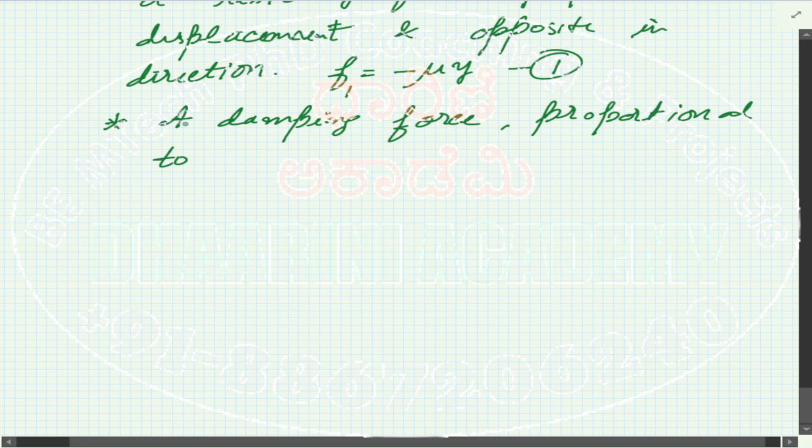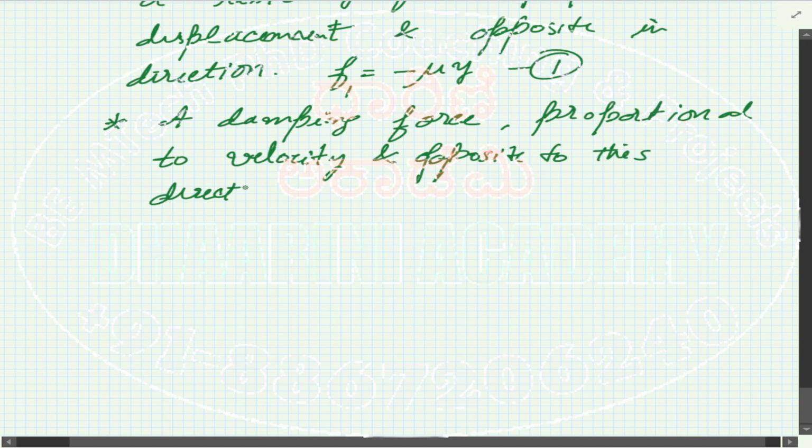Always, damping is a resistive force. It's proportional to the velocity, and it is always opposite to this direction. Which direction? This direction refers to the direction of the velocity.